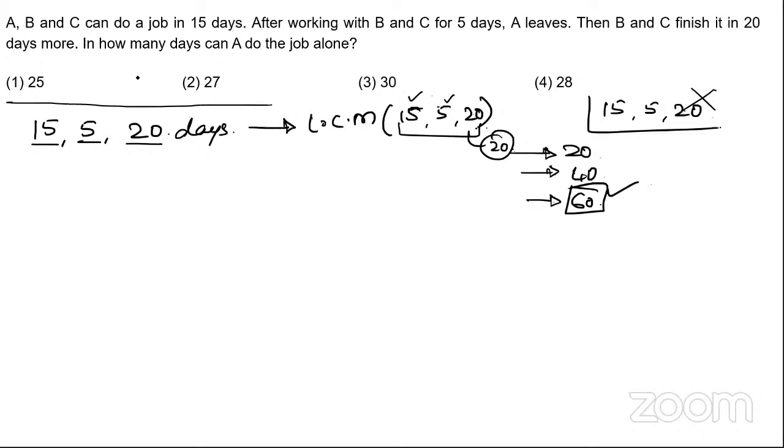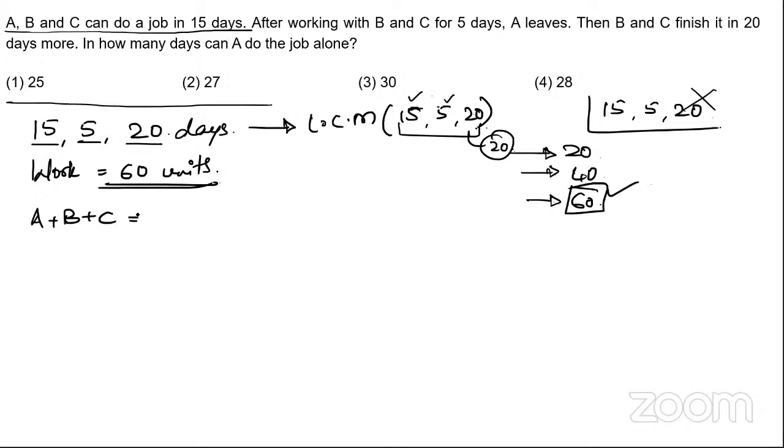Now, come back to the question. I will consider my work to be 60 units. The statement is A, B, and C can do the job in 15 days.